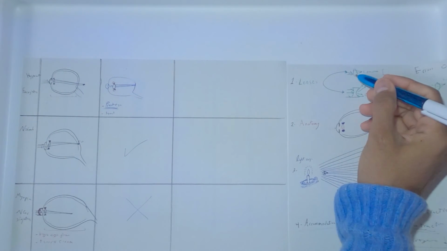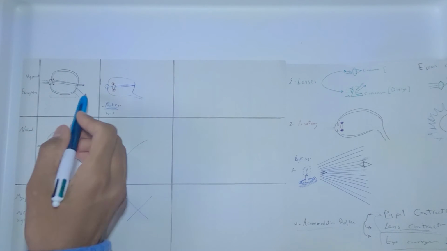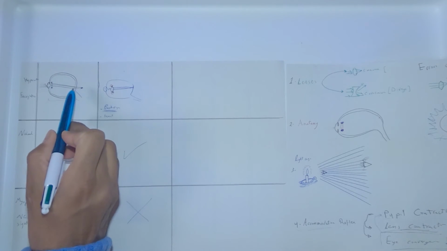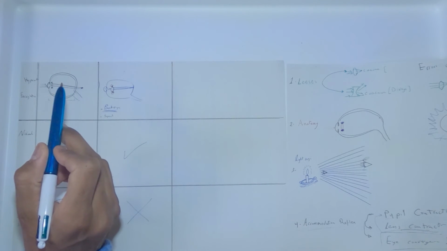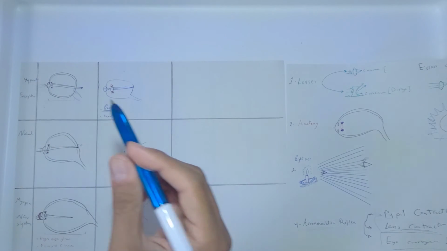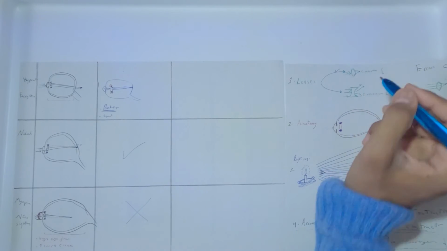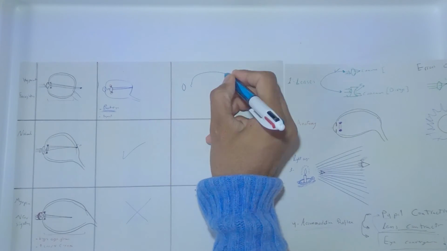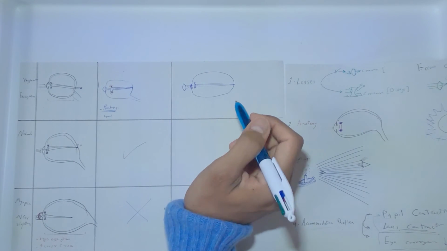So which lens should we give to each patient? You have the hypermetropia patient, the patient who has the focal point behind the retina. You want the light rays to be converged more, so you should give him, yes, a convex lens. So if I put a convex lens here, it would focus onto the retina.